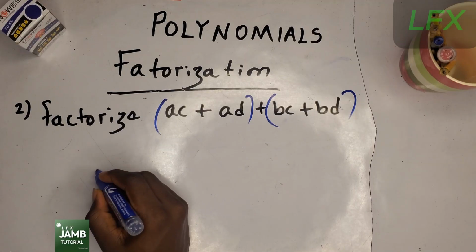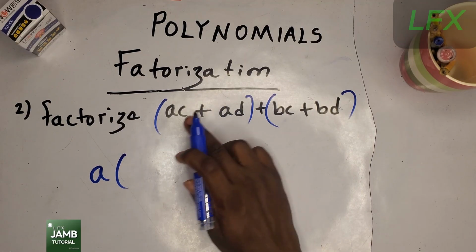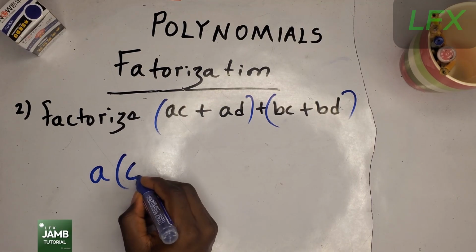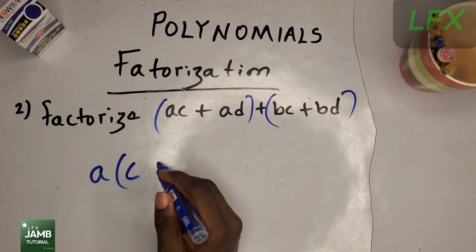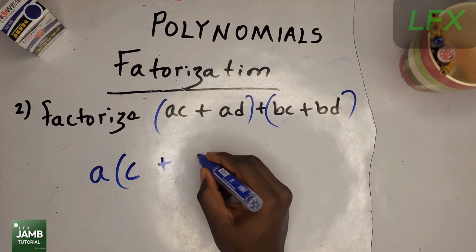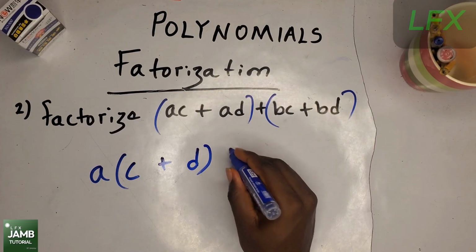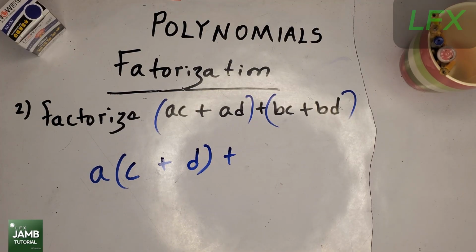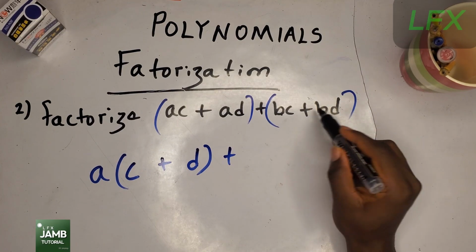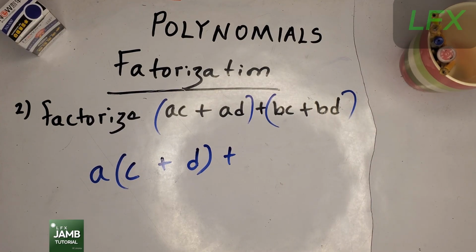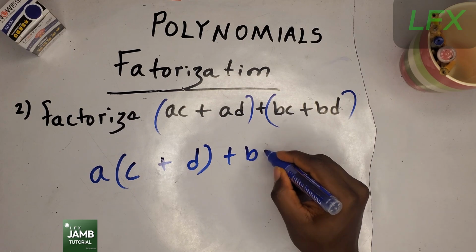You are right. So we have a, and a in ac gives us c left. A in ad gives us what? You are correct, d. So we have plus. Here, this time around, what is common here? b. So b is common. So we have b.